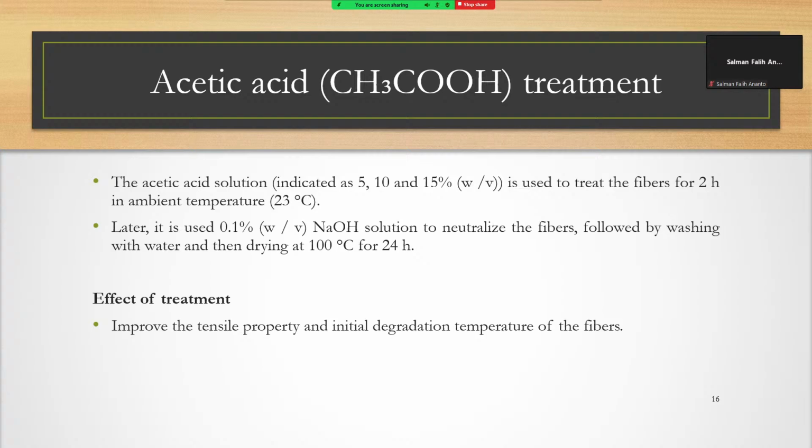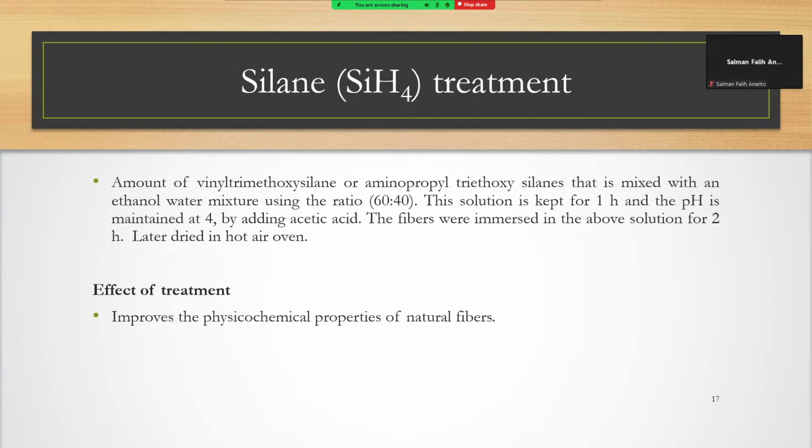Later, this solution is kept for 1 hour and pH is maintained at 4 by adding acetic acid. The raw fibers are immersed in the solution for 2 hours, and the treated fibers are later dried overnight at 60 degrees Celsius. This silane treatment can improve the chemical properties and even physical properties of natural fibers.